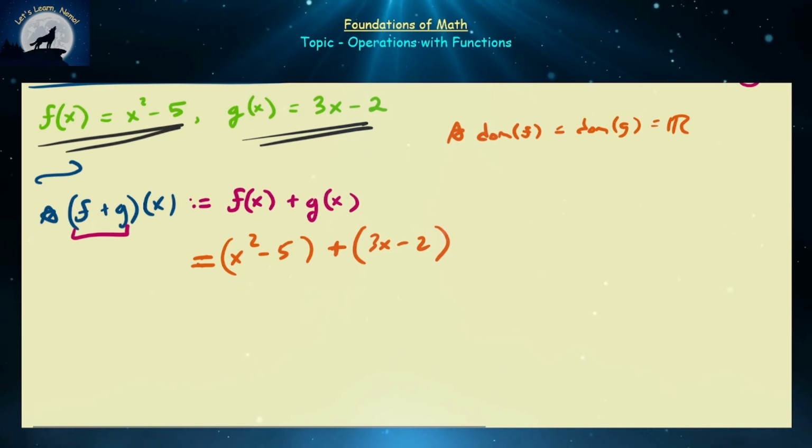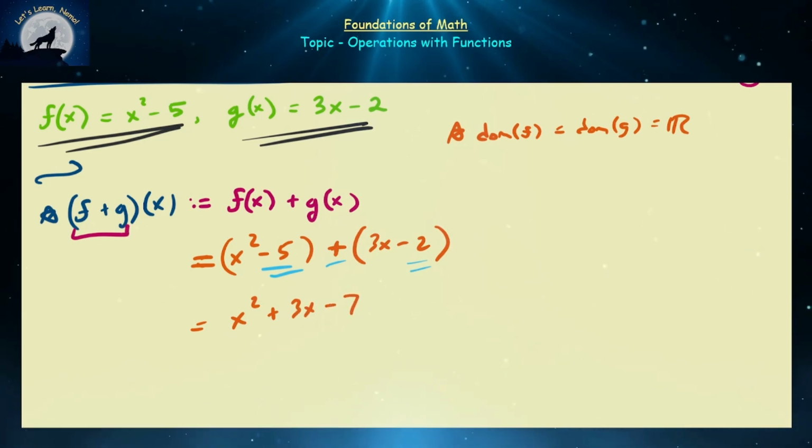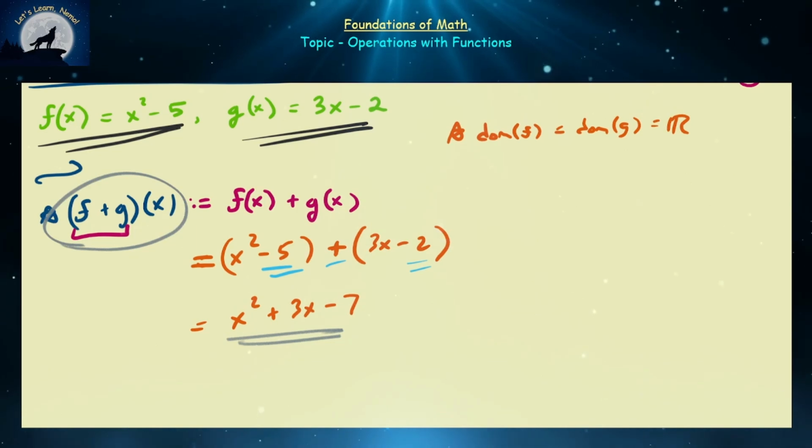It's very important to note that simplification does sometimes delete some important information about the function, but in this case, all will be okay. So we clearly see that we have negative 5 plus negative 2. We know that's going to be minus 7. So we can write this in descending order as x squared plus 3x minus 7. And that would be the simplified representation of the function f plus g of x.